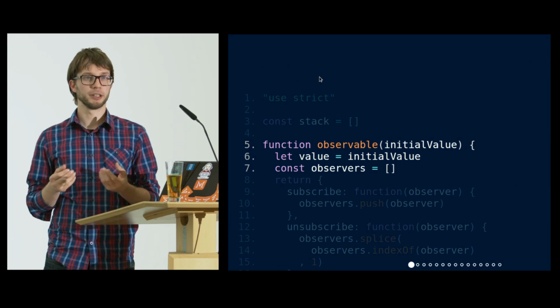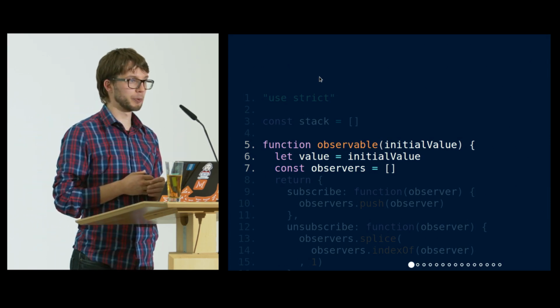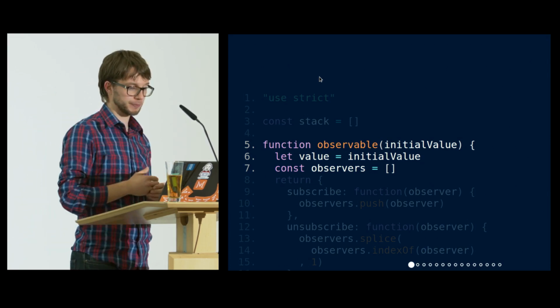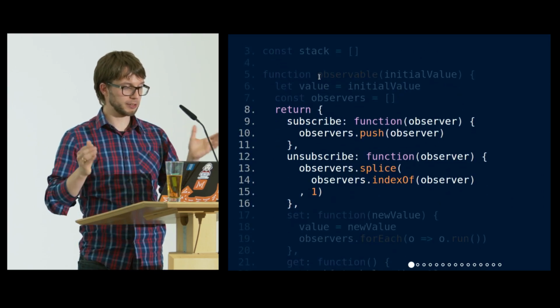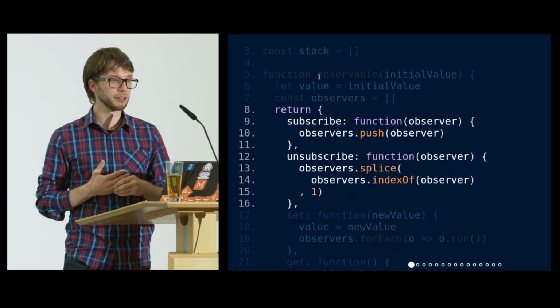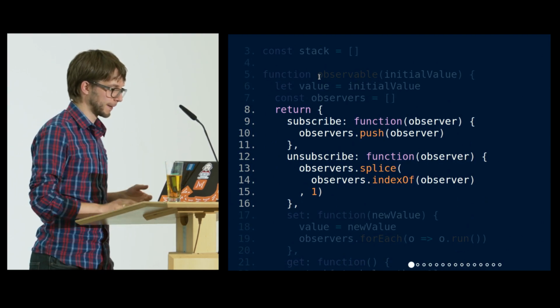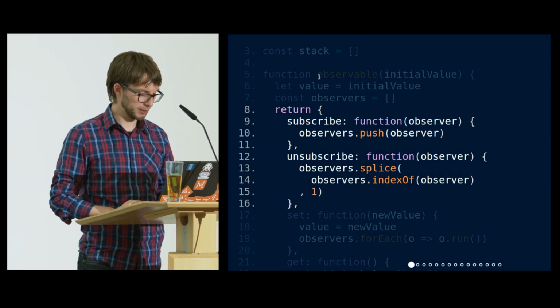As you saw, it takes an initial value, and that value is stored in the local scope. And furthermore, each observable has a list of observers. Nothing exciting. This is also not very exciting. There's a subscribe and an unsubscribe method, which pushes an observer to the observers collection, or removes it. So this is pretty straightforward stuff.